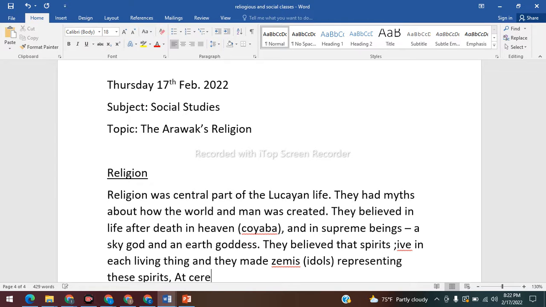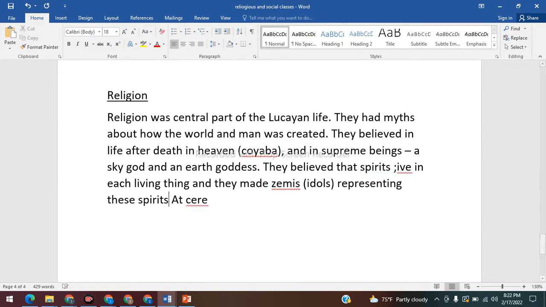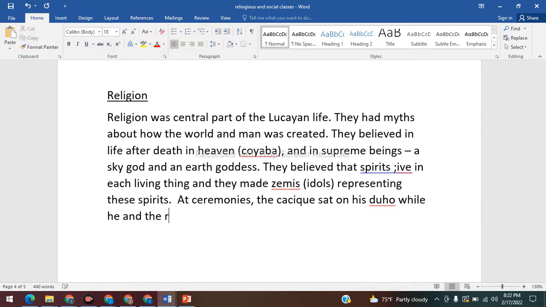At ceremonies, the cacique sat on his tuho while he and the priest inhaled tobacco, which is kayo ba.